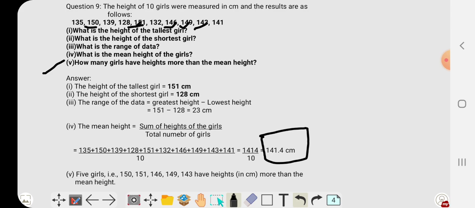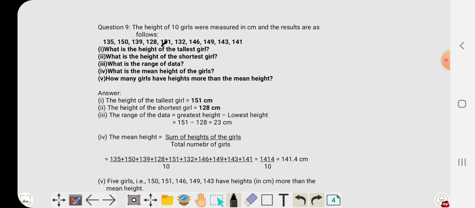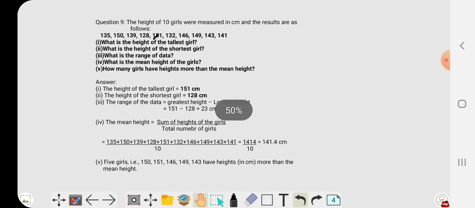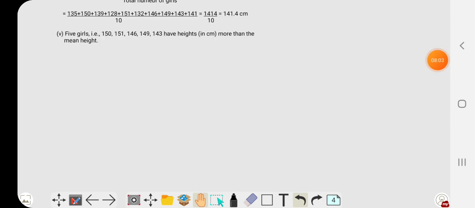Now 5 girls, with heights 150, 151, 146, 149, 143, have heights more than the mean height. This is the complete solution of this question. So students, this exercise is completed now.